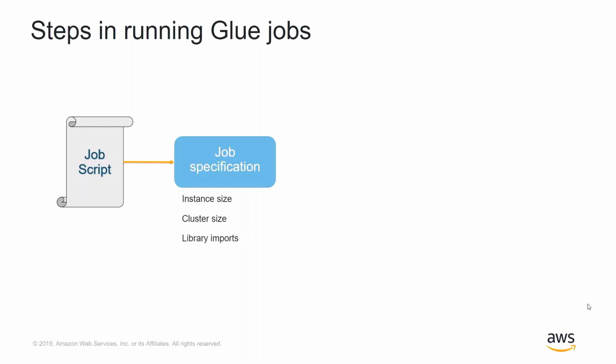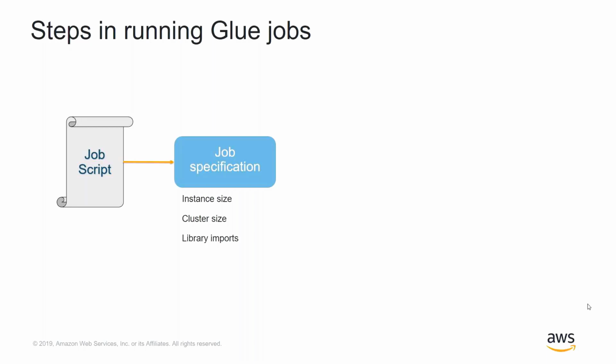And part of your job specification is if you are using any third-party libraries or your own libraries, say your own Python libraries or jar files, you can import them. So part of your job specification is that these are the libraries I want you to import as you execute my job.